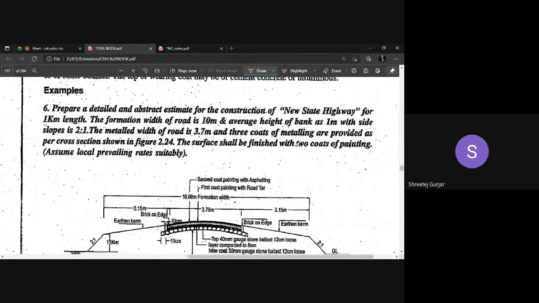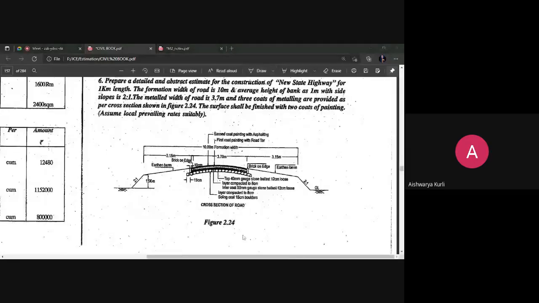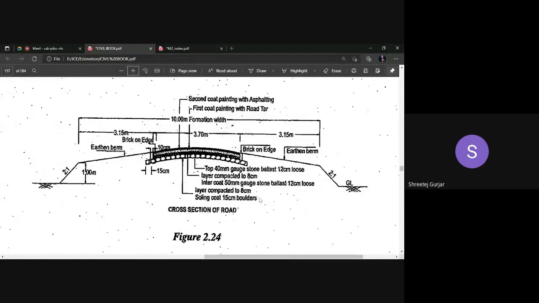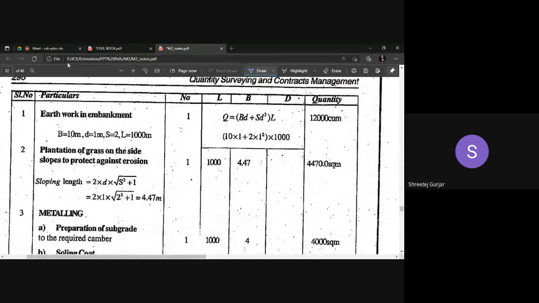Are you able to see the cross section? Is it clear now? Okay.